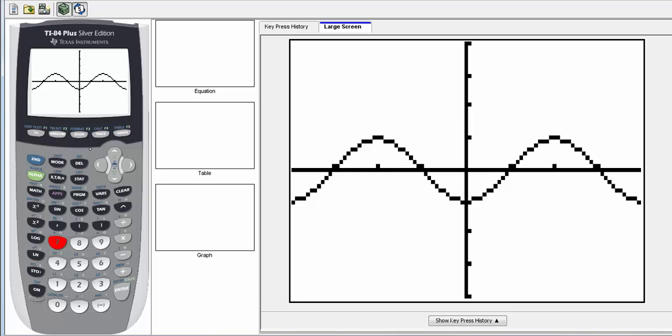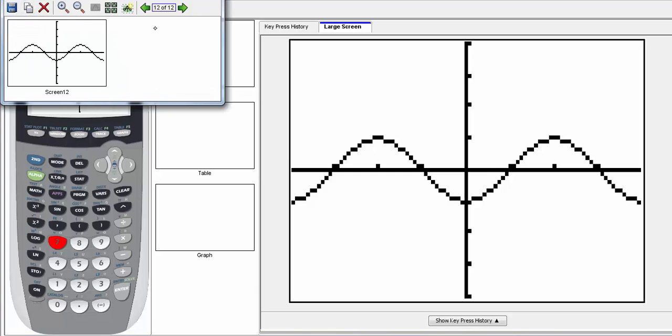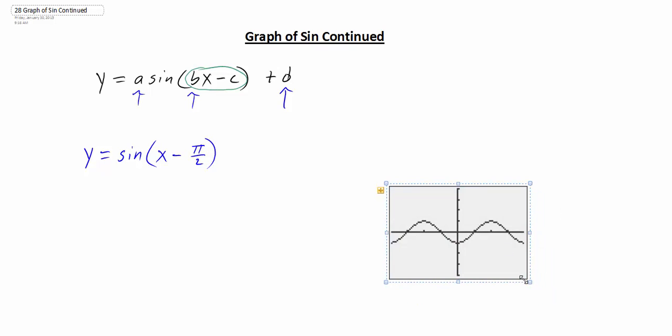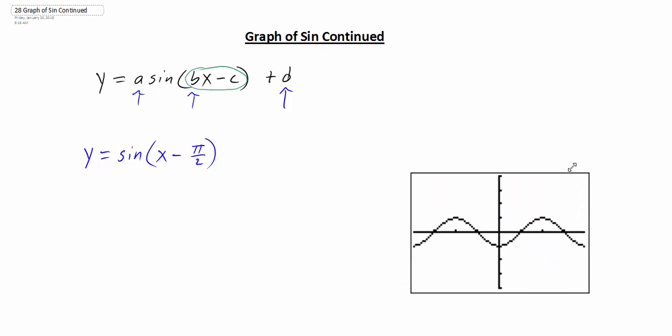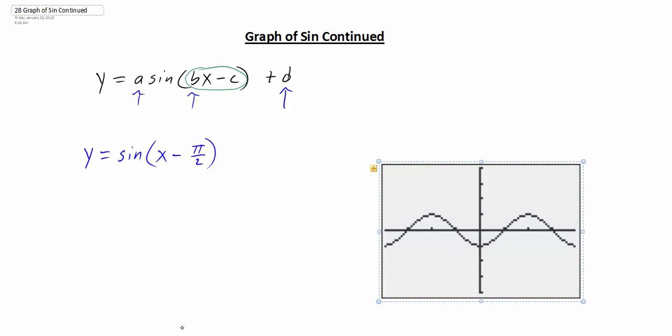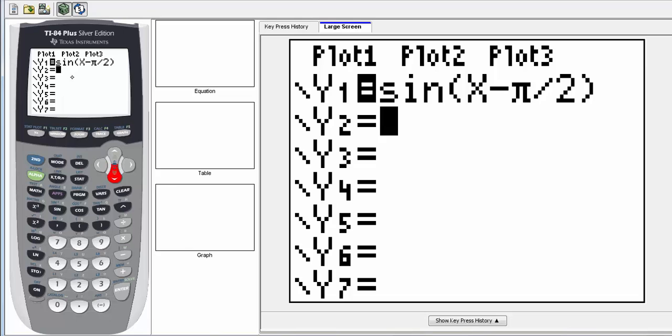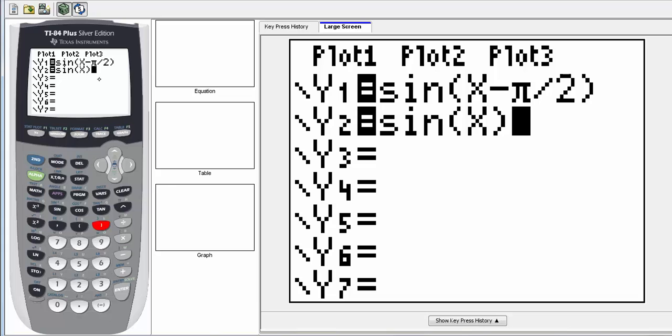So if we copy this, we'll bring this over and compare it to the sine function. Let me go to y equals, just to see the difference, and type in the sine of x. Watch when I hit graph, you're going to see the sine function graphed out, and we can see what effect this pi over 2 is having.